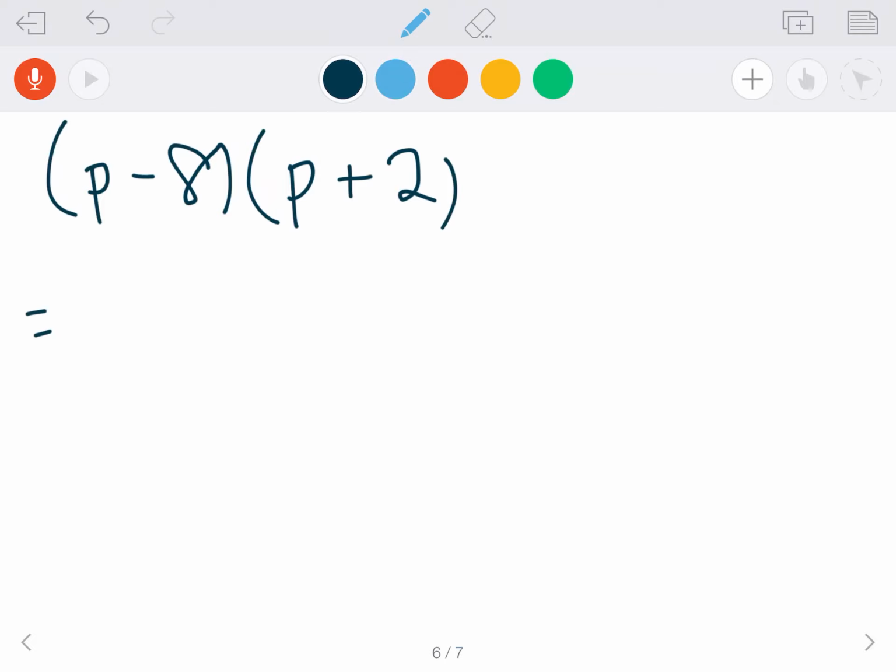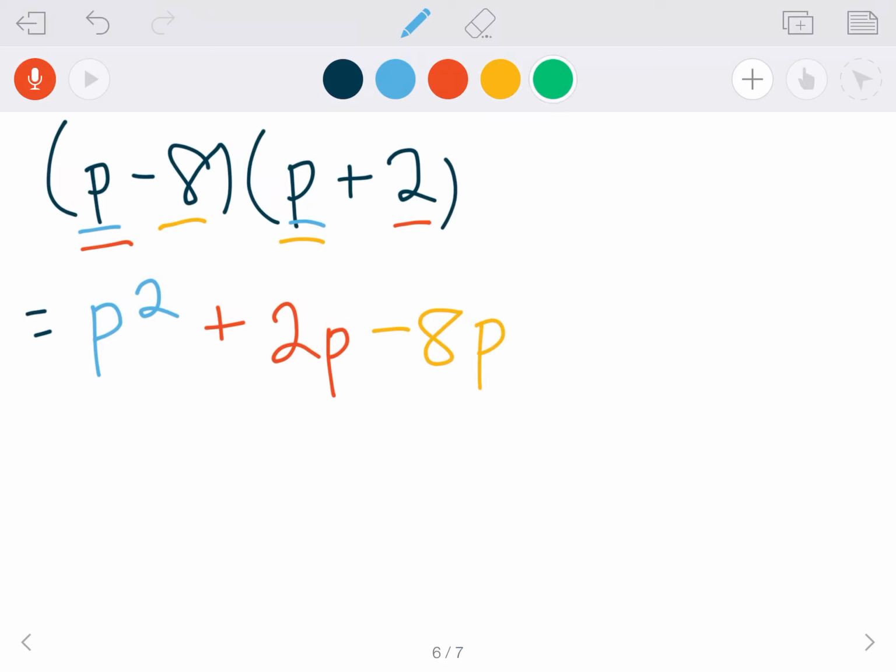Using FOIL, we have p times p for first, that's p squared. Next is outer, p times 2, that's positive 2p. Inner, negative 8 times positive p, that is negative 8p. And the last terms, we have negative 8 times positive 2, that is a negative 16.